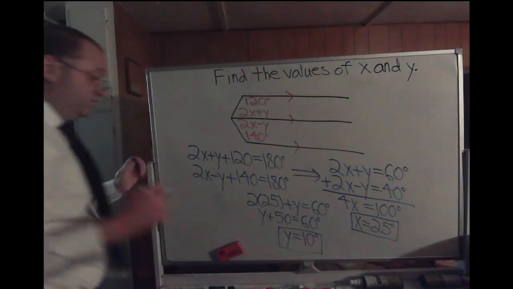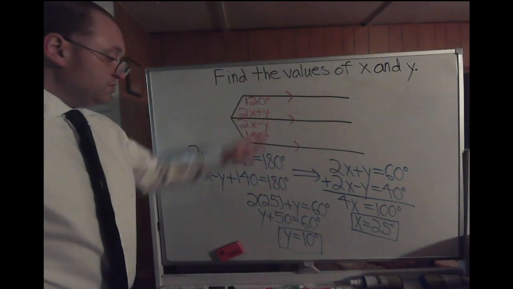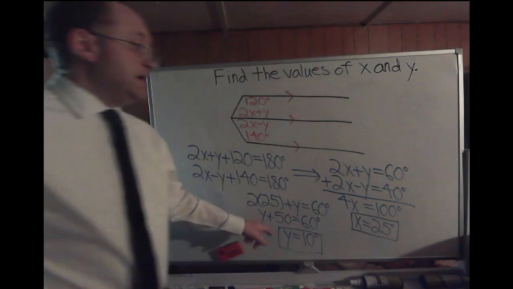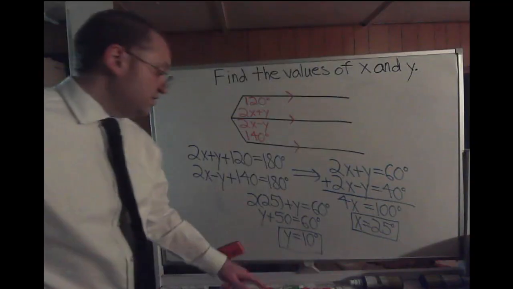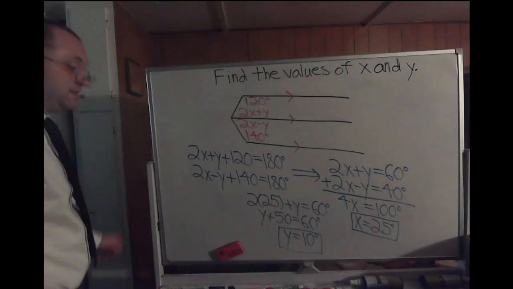So by using that same side interior angles are supplementary to each other, and then solving a system of equations, we got that x is equal to 25 degrees and that y is equal to 10 degrees.